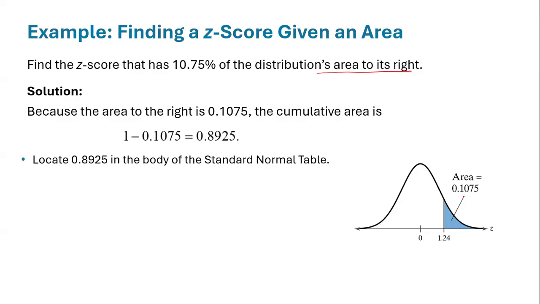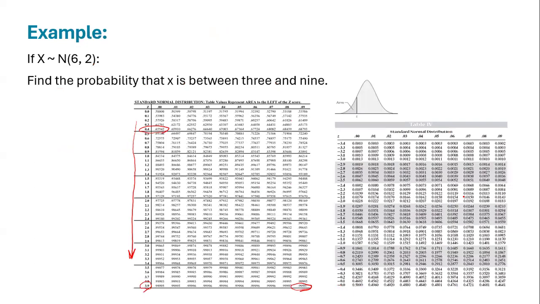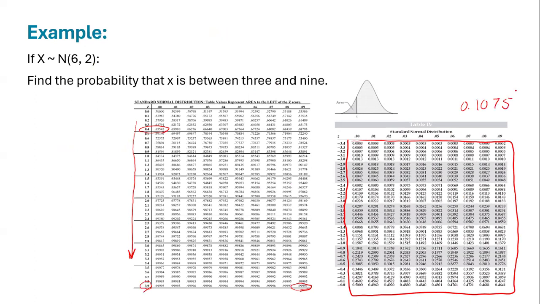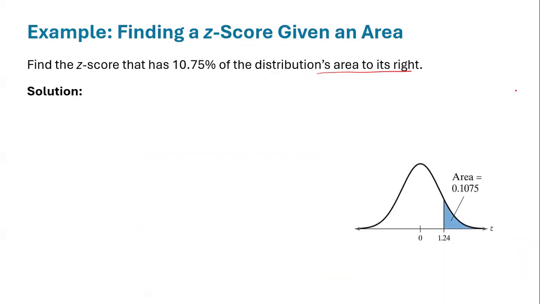If I go back to the table, this time I'm going to look at the body of the table and try to find that number, 0.1075. But something that I know about this table is that all numbers on this table are the area to the left. Is this area to the left or to the right?